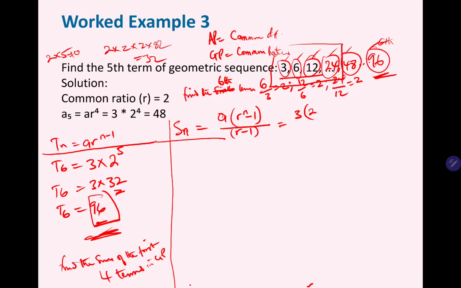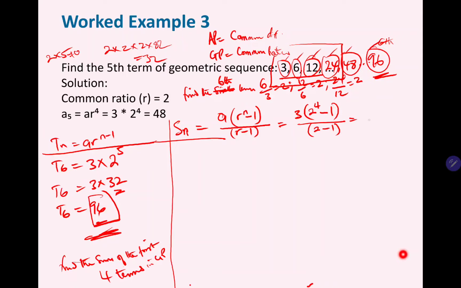First term is 3, common ratio is 2 raised to power 4, minus 1, all over r minus 1, where the common ratio is 2 again, minus 1.